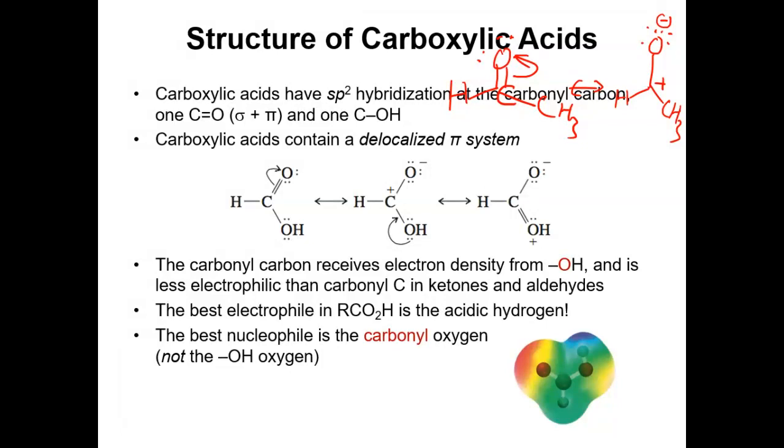So that makes the carbonyl carbon in carboxylic acid have a substantially higher electron density than the carbonyl carbon in ketone or aldehyde. The consequence is that the carbonyl group in a carboxylic acid is substantially less electrophilic than the carbonyl group in ketone or aldehyde.